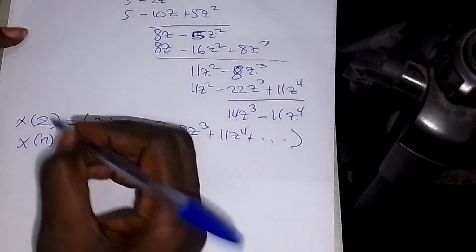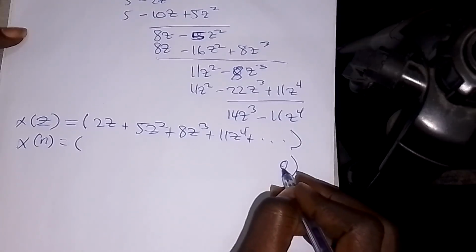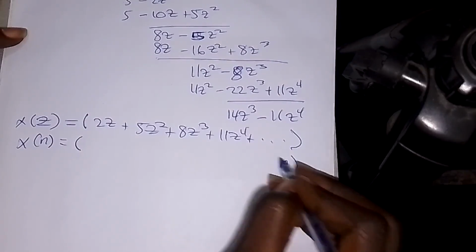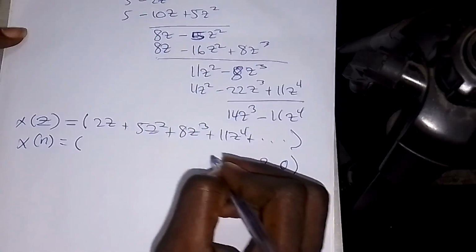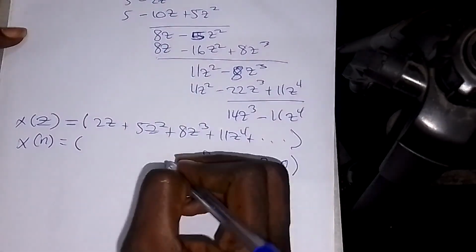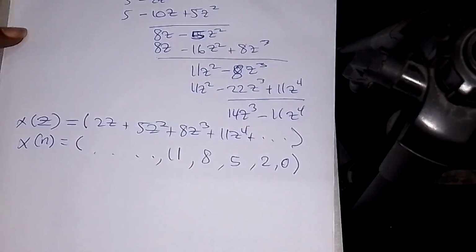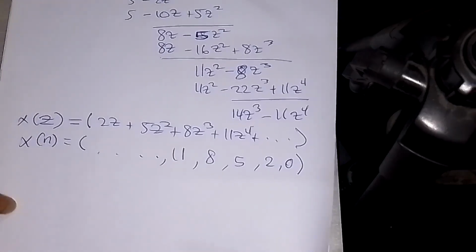So in that case, my x of n is going to start from 0, then I'll come to 2, so 0, 2, 5, 8, 11. And then it will continue to minus infinity. So this will be my answer.